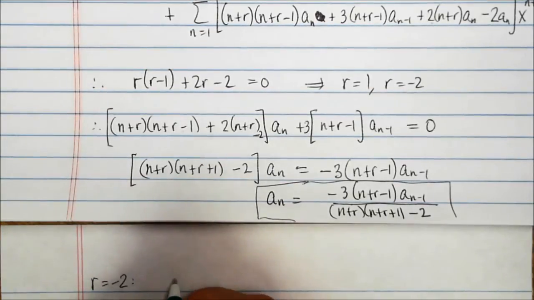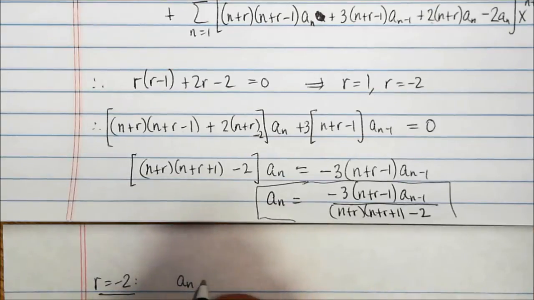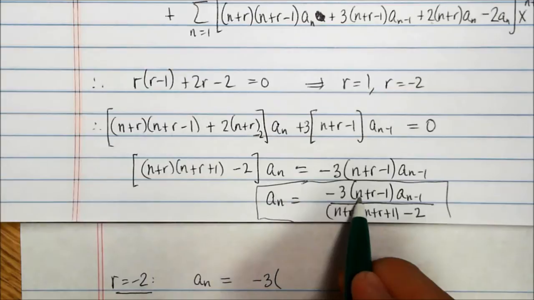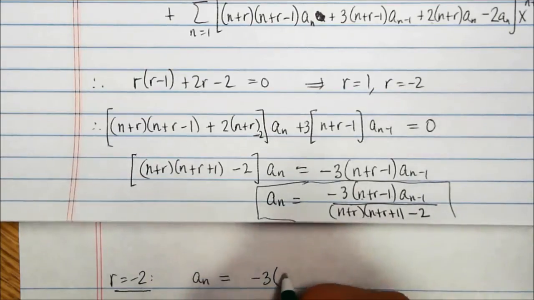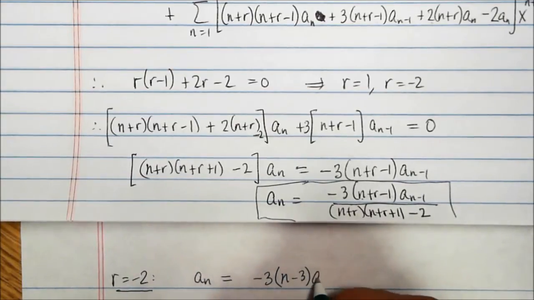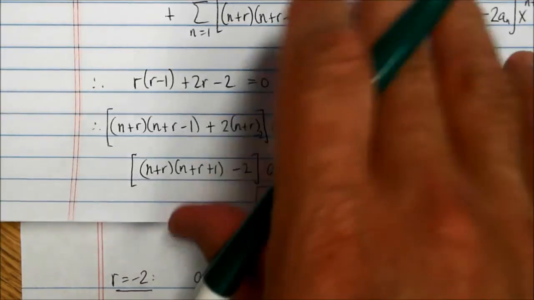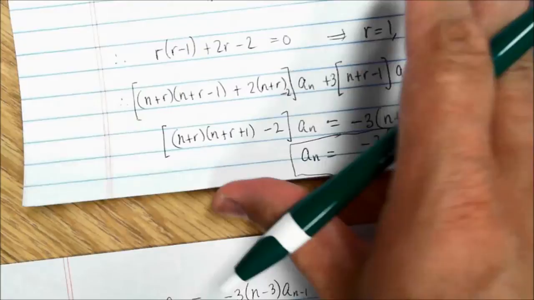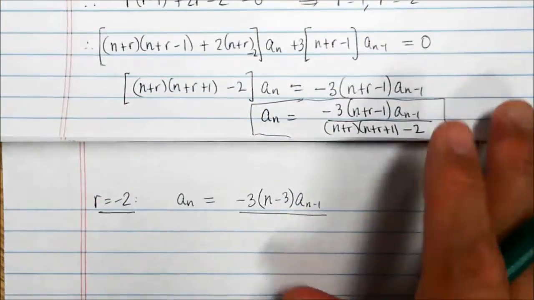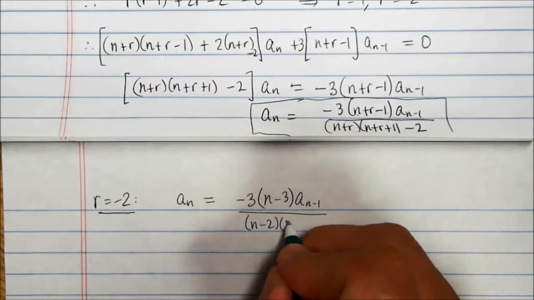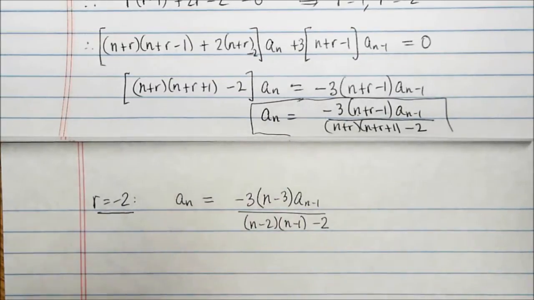If r equals negative 2, then a sub n is equal to negative 3 times n minus 2 minus 1, which becomes n minus 3, a sub n minus 1, divided by n minus 2 times n minus 1 minus 2.